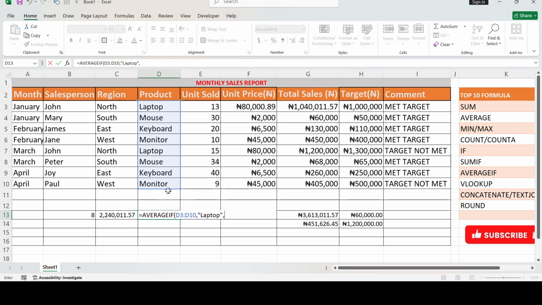I'm now telling you to calculate the average of the sales if it's laptop that was sold. I close the bracket, then you click enter.